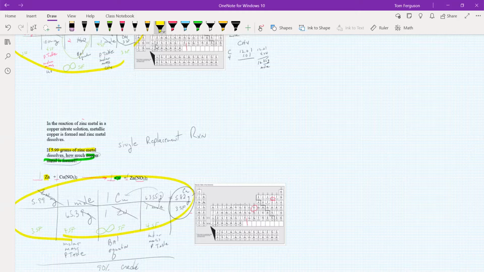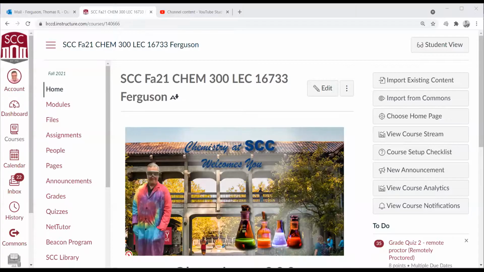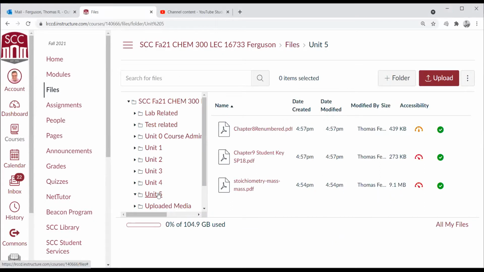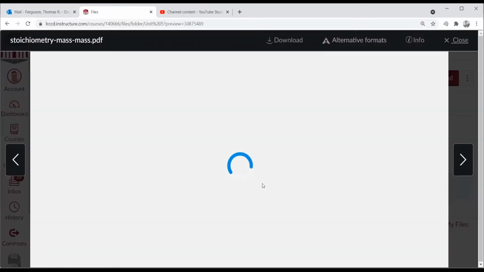Now, I posted some extra problems. By the way, this is me in my tie-dye lab coat. This is an additional worksheet I posted.